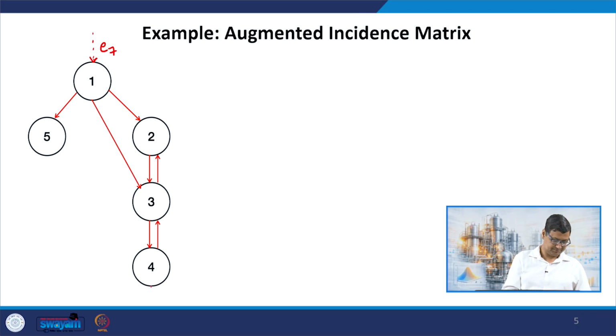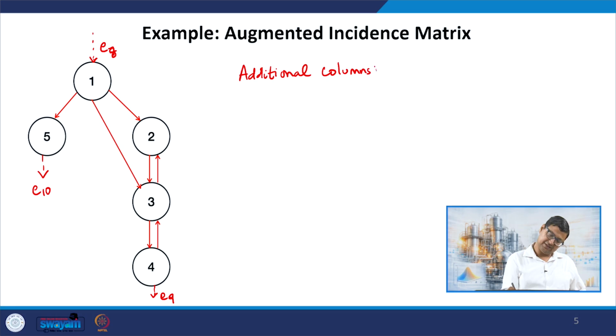I think E7 we had, so let's start from E8 and E9, and let's say E10, right? So the additional columns we will have are E8, E9, E10.